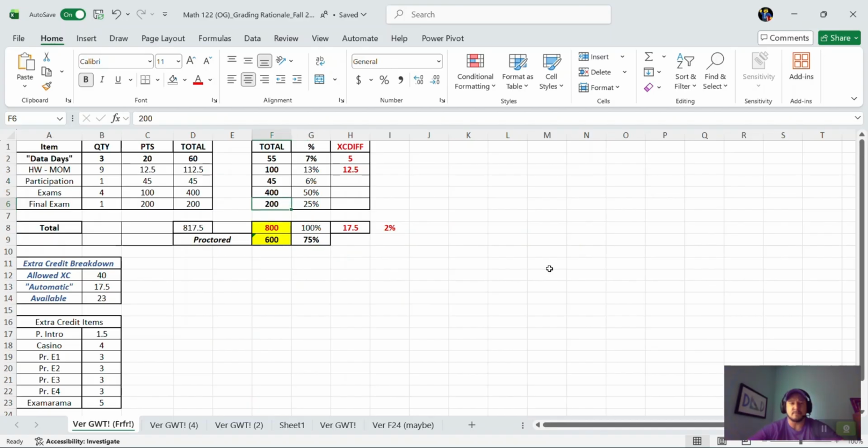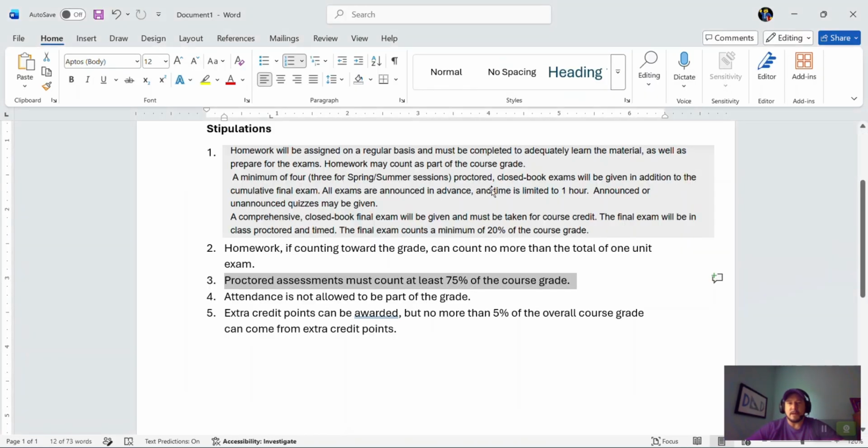So for example, if I did 150, the final exam counts as 20%, but now I've kind of screwed myself over here by lowering the percent of proctored points counting towards the grade. Now, if you just do the bare minimum here, I believe the final exam is going to count as like 27 or 28%, which to me is quite inflated.